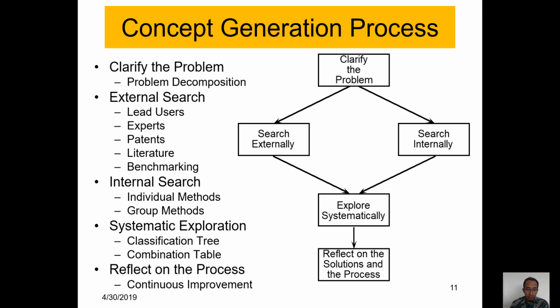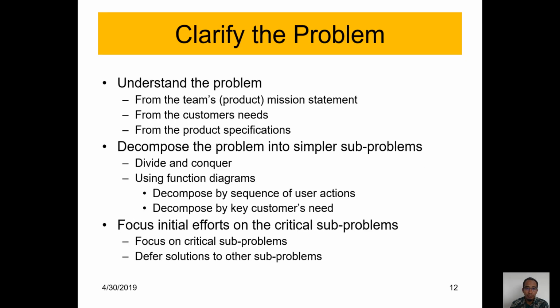In the systematic exploration, we have classification tree and combination table. We will go deeper into that, and we can reflect on the process to make continuous improvement. From the diagram, external and internal search can be done in parallel.